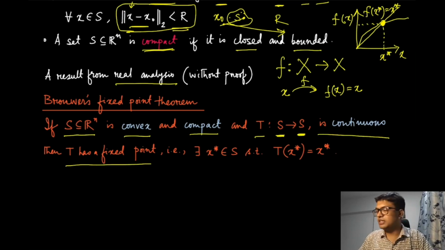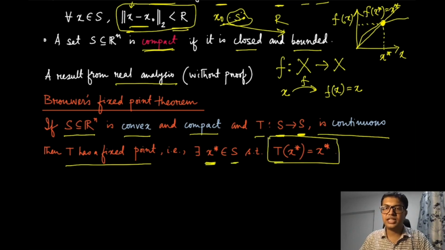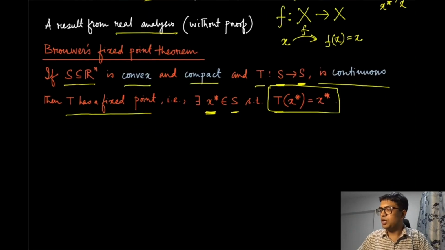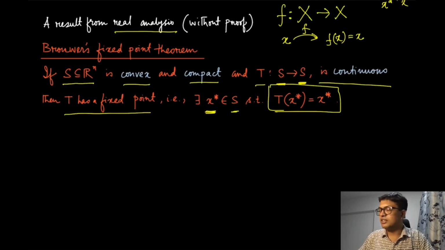That means there exists some x star in S which gets mapped to itself via this function T x. We are not going to prove this result. The proof is a little complicated, and it is already a very well-known result.